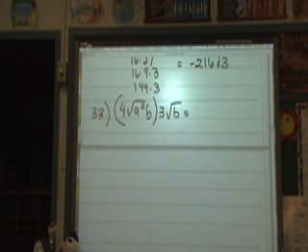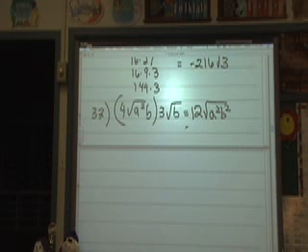Alright, 12 radical a squared b squared. Those are even exponents, so they must be perfect squares, so we can rewrite it as 12ab radical... No, I mean the square root of a squared is a, the square root of b squared is b. You're done. There's your answer.